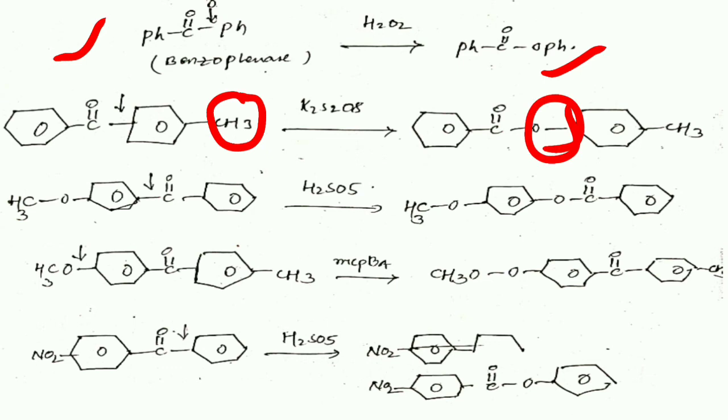Here, an OCH3 group is attached, which is also an electron donating group, and that's why the migratory aptitude is towards this position. Next, here the NO2 group is an electron withdrawing group, and that's why the oxygen is attached to this position, not to the nitro benzene.